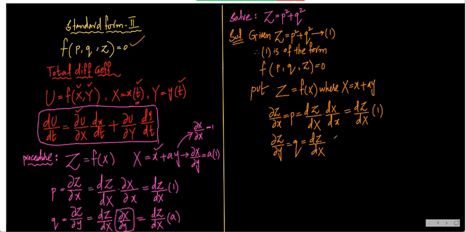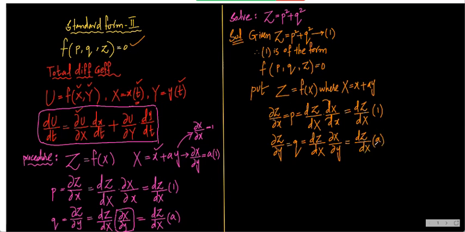Not d, it's dou capital X. So it is equal to, what's the answer? dz by dx into this answer is small a.